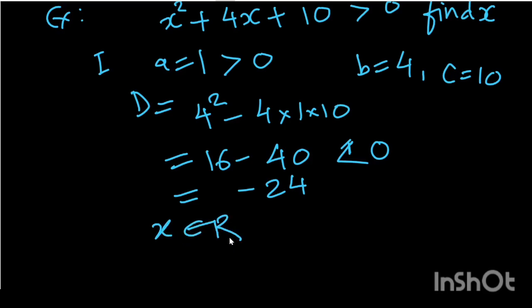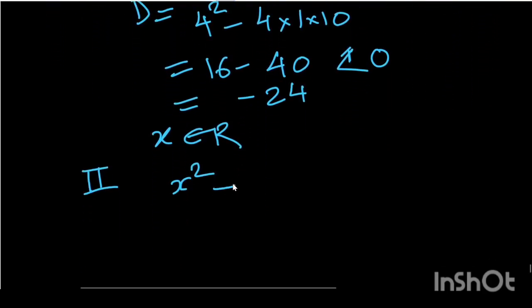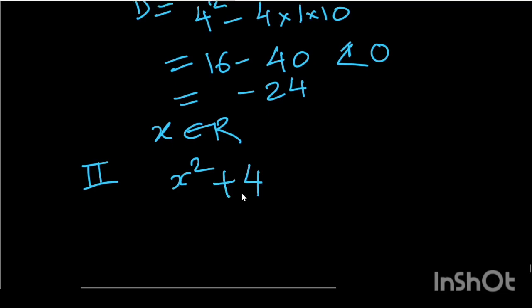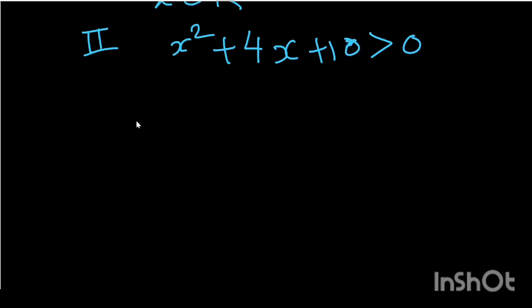Okay, this is what we concluded. And why did we conclude it? Because if you convert it into a perfect square, it is easy to justify why x belongs to R satisfies this. I will rewrite this as x square plus 4x plus 10 greater than 0. Now converting into a perfect square, x square plus 2 into 2 into x.